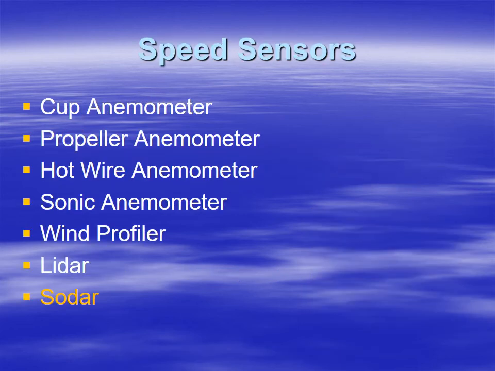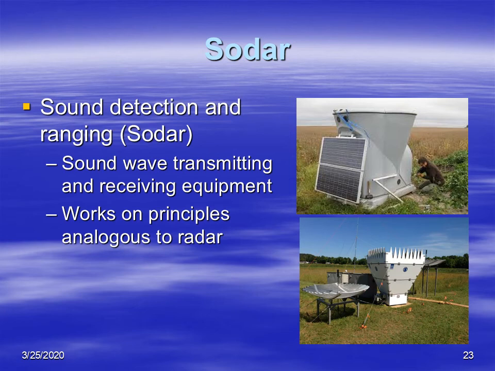And the last type of speed sensor we'll talk about is Sodar, which is similar to LiDAR and radar, except it uses SO, which is sound. So it sends out an acoustic wave through the atmosphere. And the receiver, from where it was transmitted, receives the signal bouncing off of objects in the atmosphere, measures the Doppler shift, and from that it can determine radial velocities also.